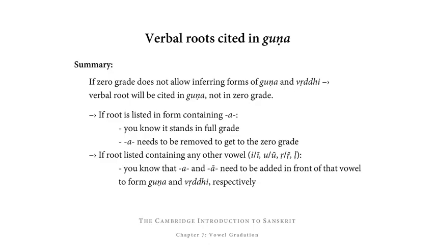Also, if a root is listed containing any other vowel, so i, u, or ṛ, you can know that a and ā need to be added in front of that vowel to form the guna and the vritti of that root, respectively.